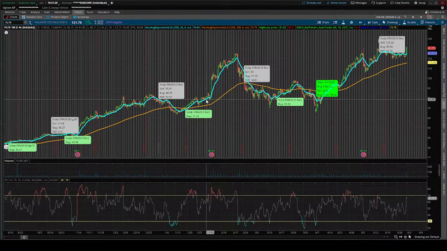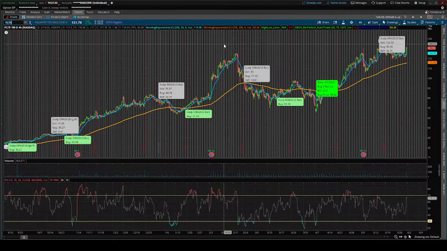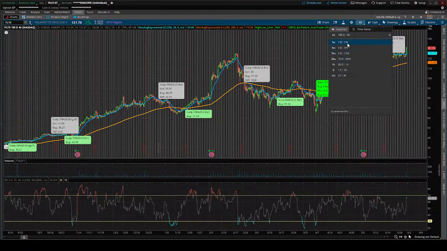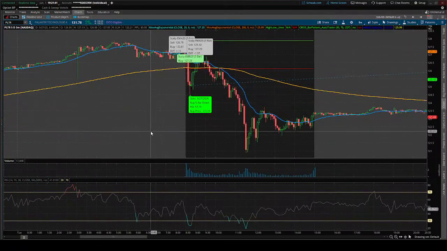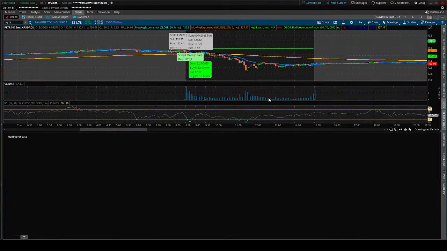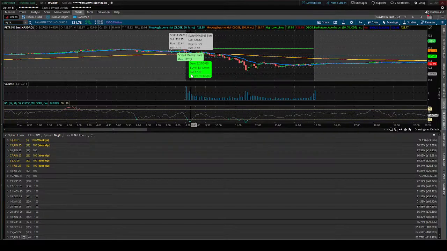Again, I mean, this can be used on a daily. What I would do, so for example, on Palantir, if we were doing a 5-minute chart, and I got a buy signal here. Now, granted, I can pull up the options chain. I can't see what the options were for that day, but I know my buy was at $125.